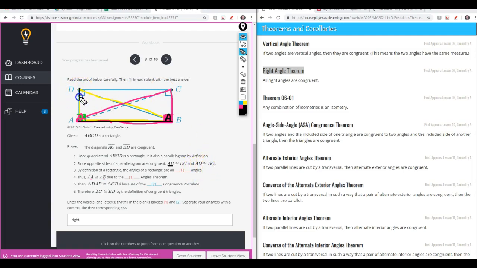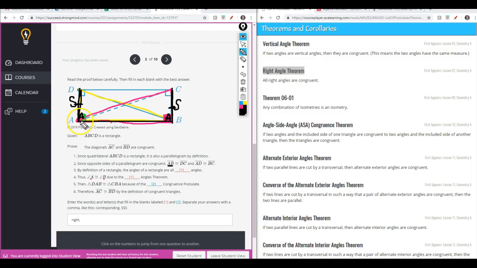So segment AD is part of this yellow triangle, and stating it is congruent to this side, which is part of the pink triangle. So we have a side so far, and its corresponding side that's congruent. Again, we have that right angle in that yellow triangle being congruent to its corresponding angle right here in the pink one.